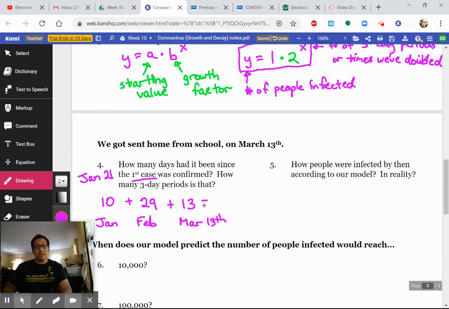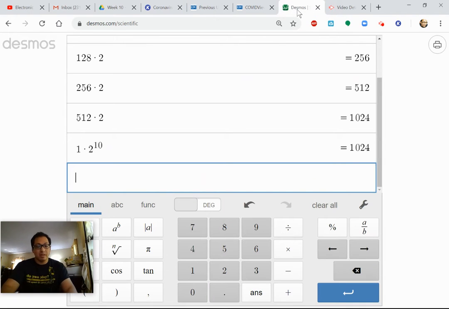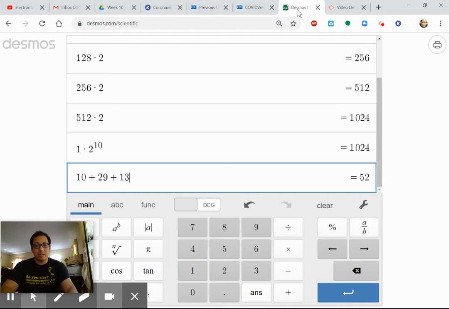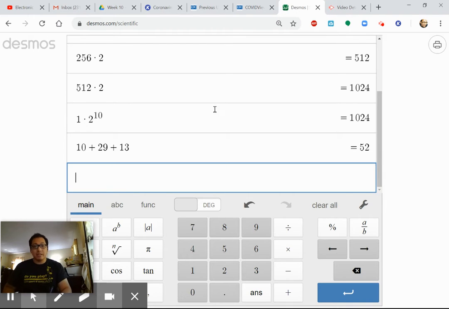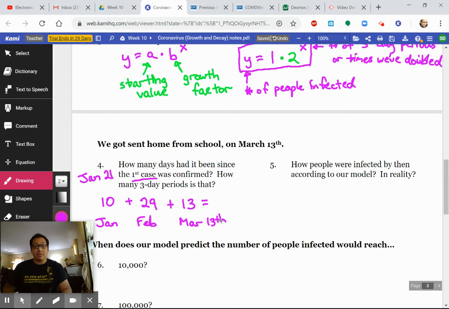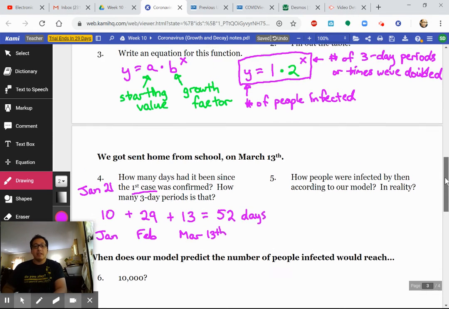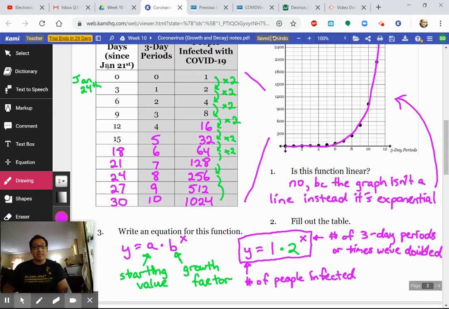So what is 10 plus 29 plus 13? Let me go here. I don't like to do arithmetic myself. That means there were 52 days. We were 52 days into the virus, having started in the US. But remember, in our model, we don't care about exactly how many days it's been.